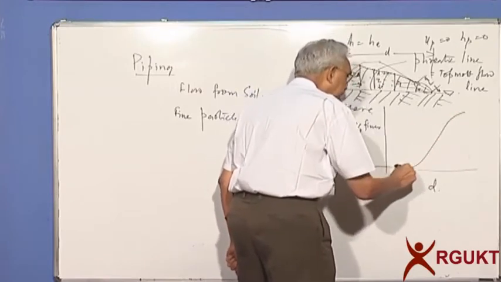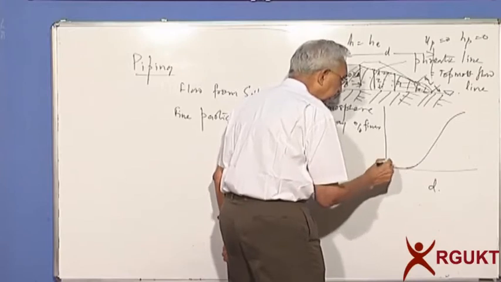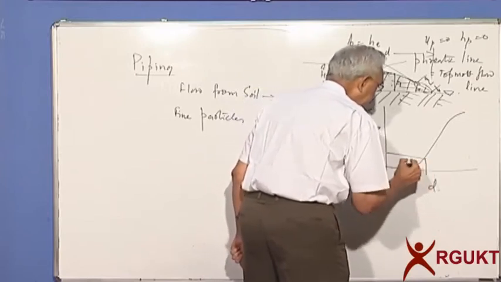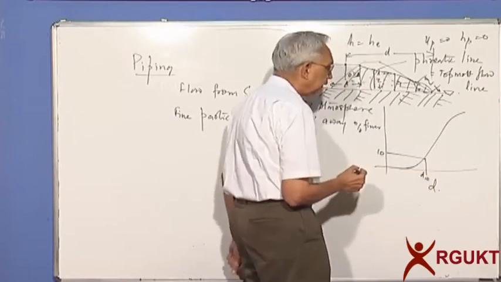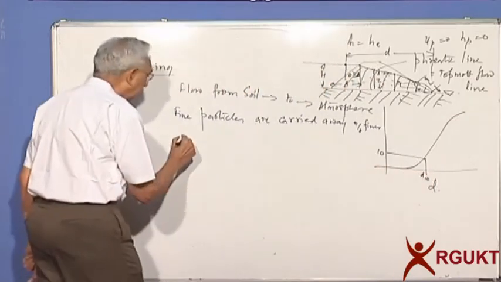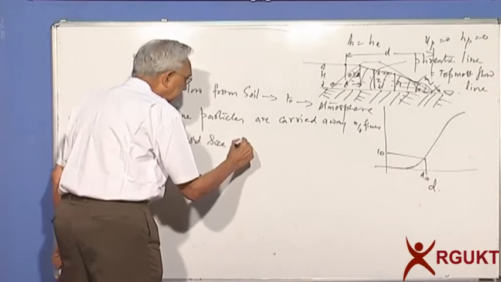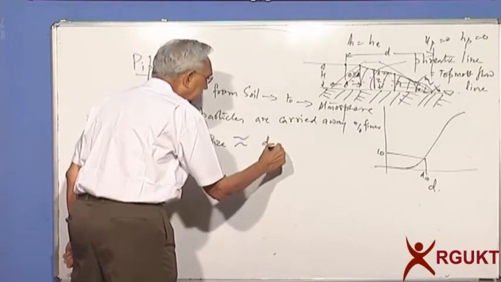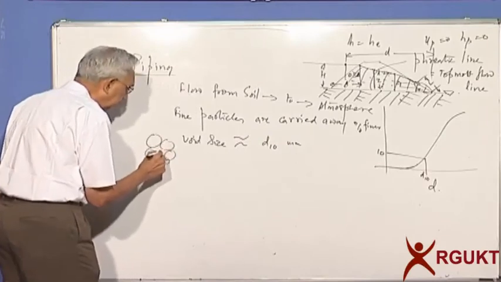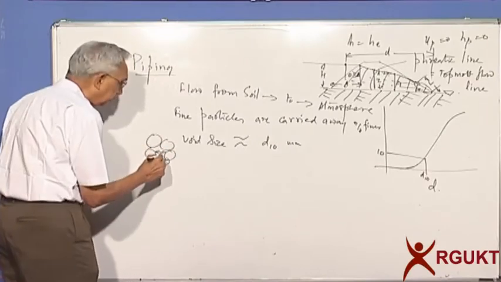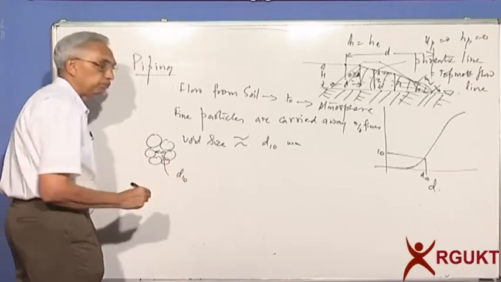Let's say the particle size distribution is something like this, and here is our d10, 10%. Now usually the void size is approximately equal to d10 in terms of millimeters. Look at the particles. This size is approximately d10.